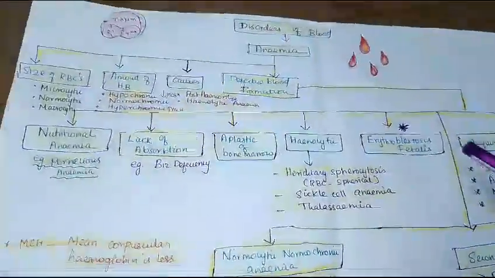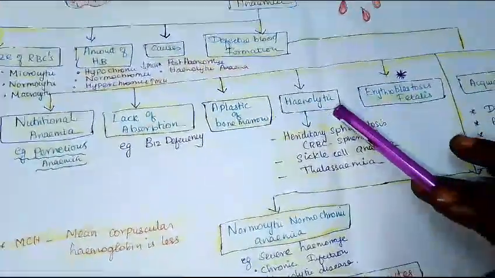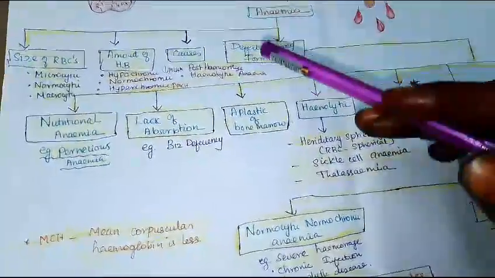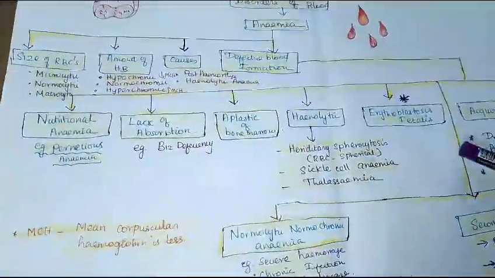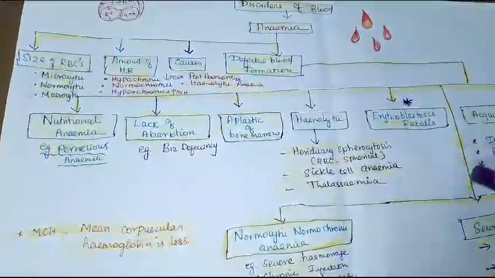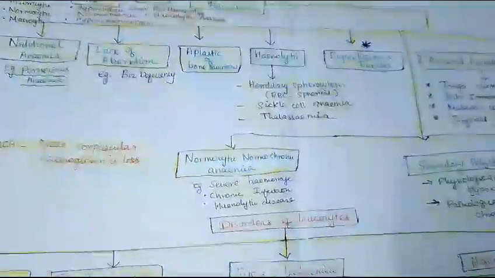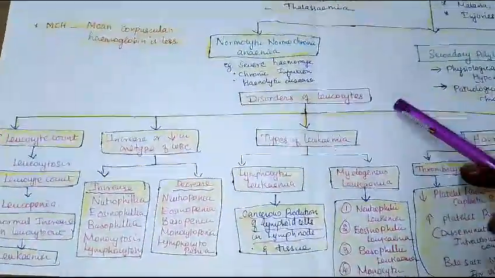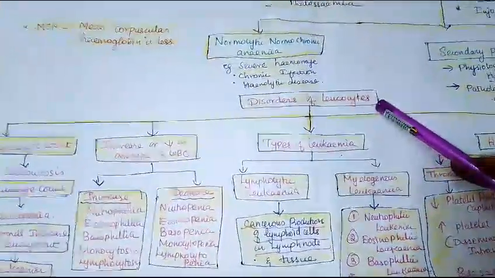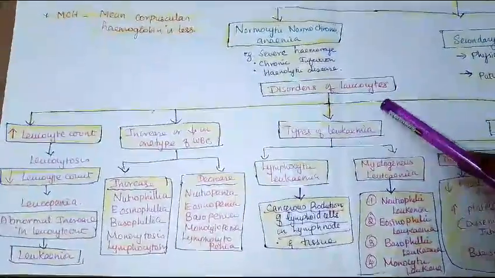Okay, so this is about the disorders of the blood, mainly by the hemoglobin. So we have seen about the RBC, but blood does not have only RBCs as an element. We also have the WBCs and other forms, isn't it? So these are also the disorders of leukocytes mainly, whether they are increasing or decreasing.